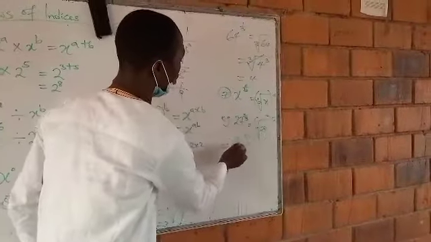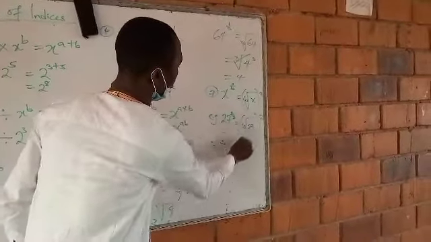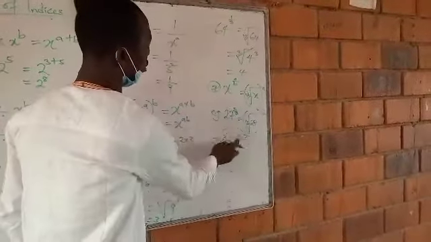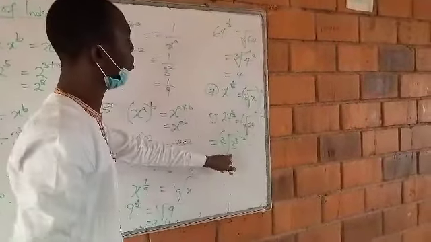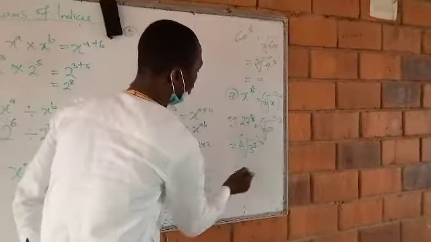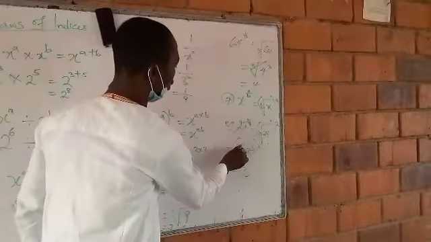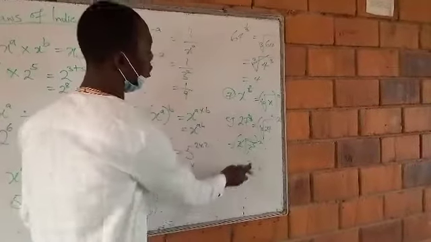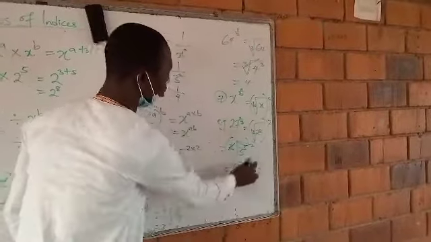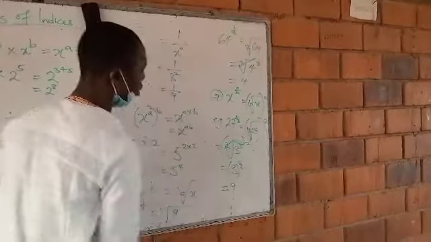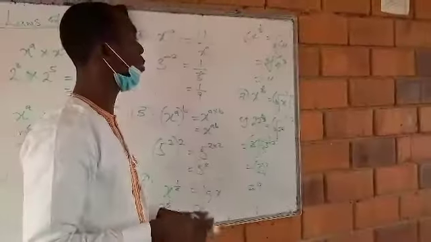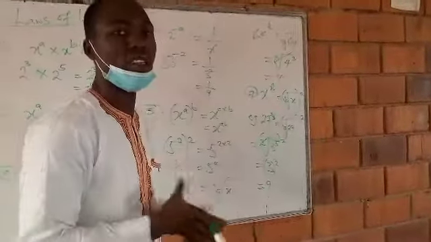That is 3 raised to power 3, then squared. So my answer in this bracket now, from what we did in the previous question, is what? 3. Because this 3 will cancel this. So I'm left with 3 squared. And what is 3 squared? 9. So we have several questions on indices that cover about 2 or 3 laws at the same time.